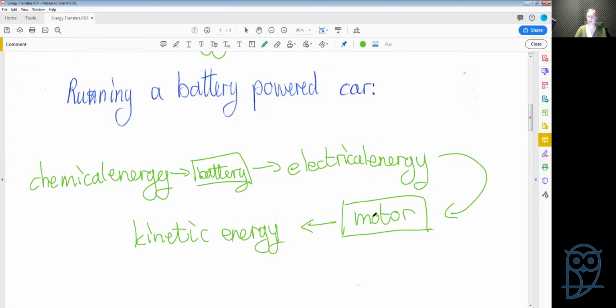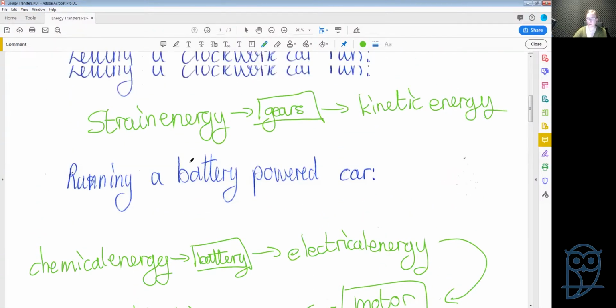So you can see they can have multiple steps, not just one step, like here.